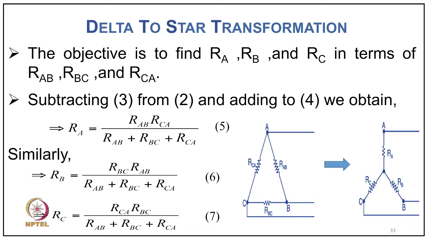Similarly, RB will be the two resistances connected to the B terminal, those are RBC into RAB, divided by all three resistances, RAB plus RBC plus RCA. Similarly, for RC, the two resistances from the delta network are RCA and RBC, divided by all three resistances of the delta connection, RAB plus RBC plus RCA.